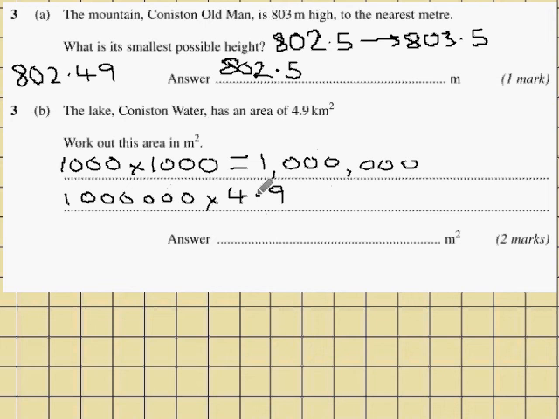And to do this, you can just put your pen where the decimal point is at the moment and count spaces to the right for how many zeros there are. In this case, we've got 6 zeros.